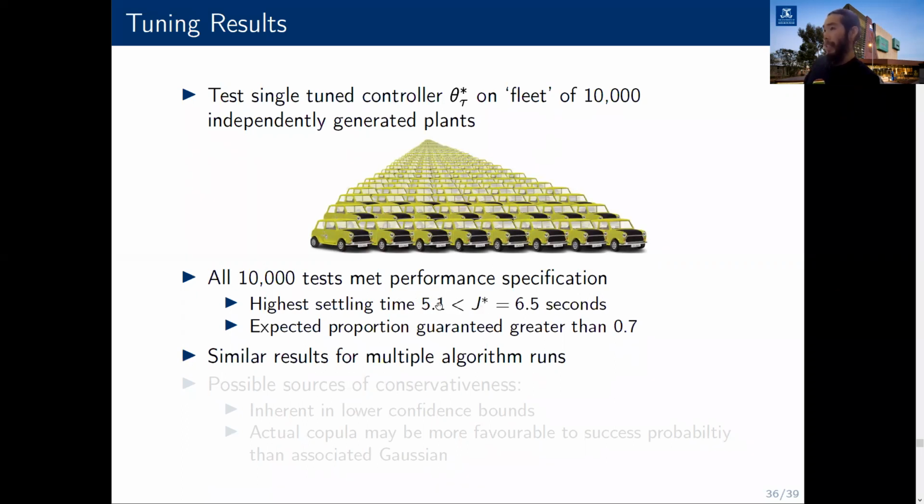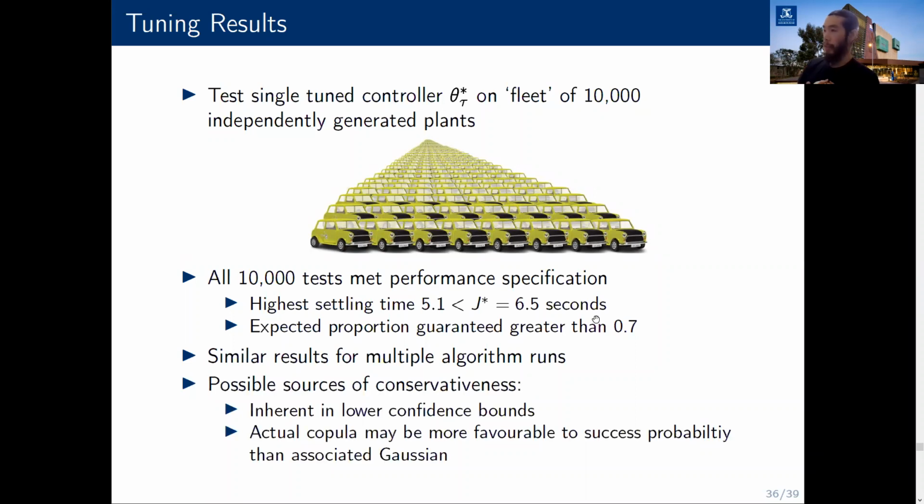Also, the proportion of successful tests was 1, which was much greater than the expected proportion guaranteed by the algorithm, which was 0.7. And we saw similar results for multiple algorithm runs. So it seems like there could be a bit of conservativeness in the guarantee provided by this algorithm.